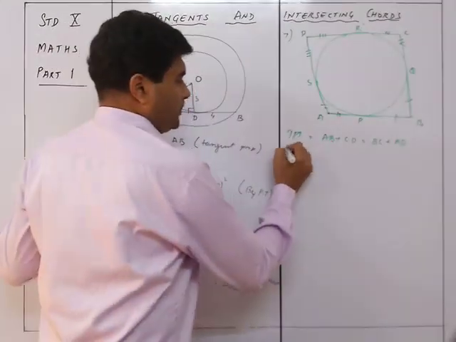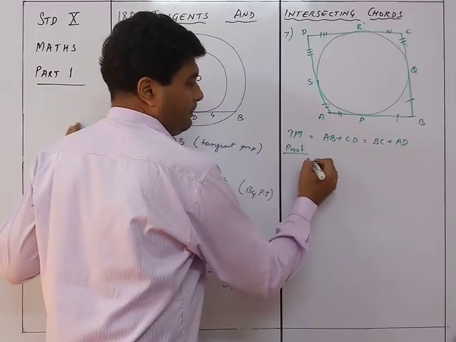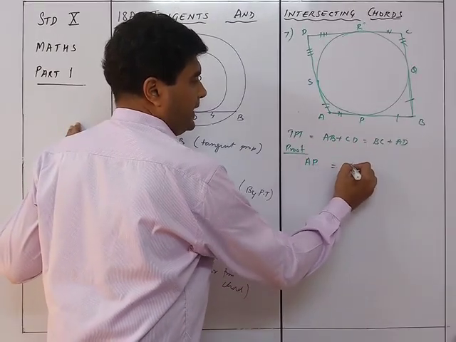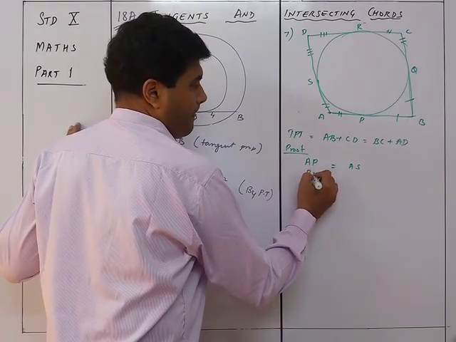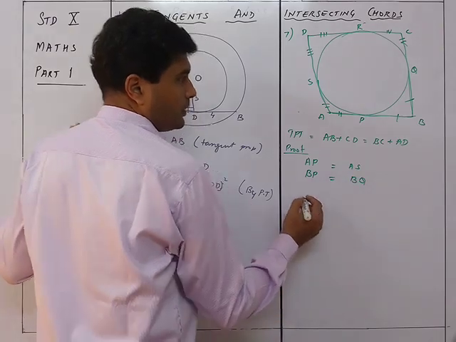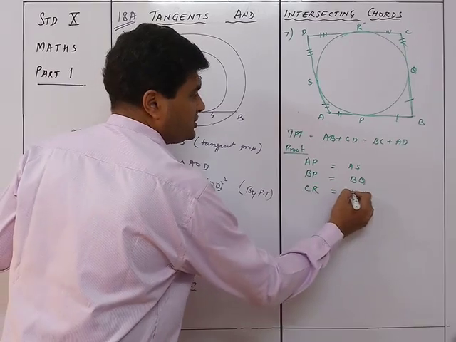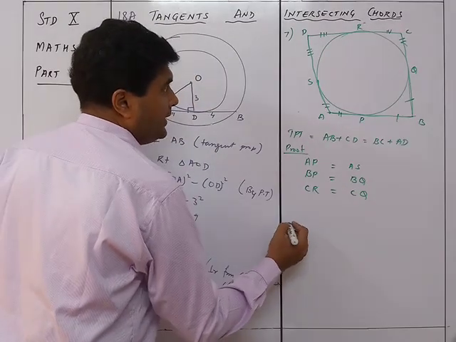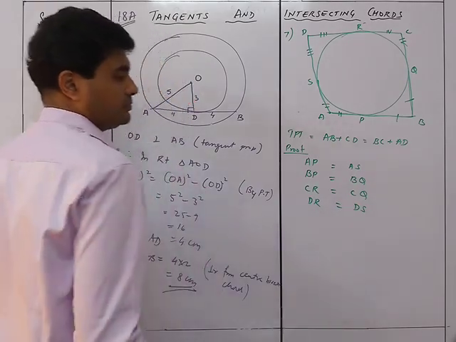So we have over here the proof. AP is equal to AS, BP is equal to BQ, then we have CR is equal to CQ, and then we have DR is equal to DS.